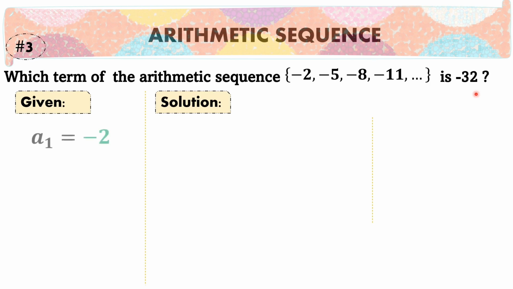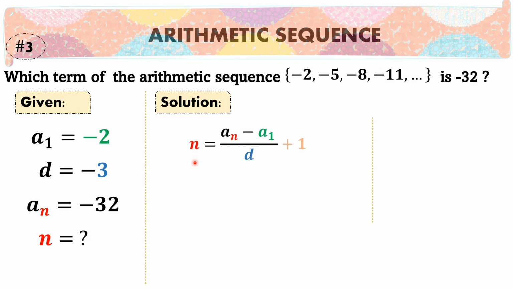The given are: A sub 1 is negative 2, D is negative 3, A sub n is negative 32. What is n?